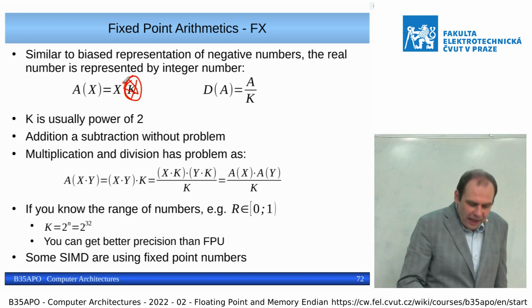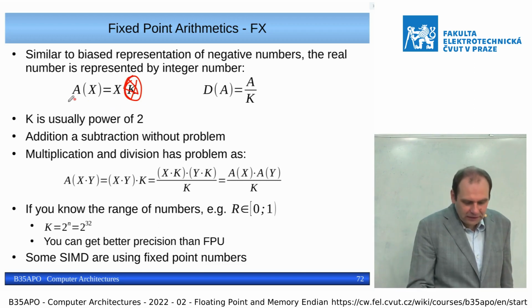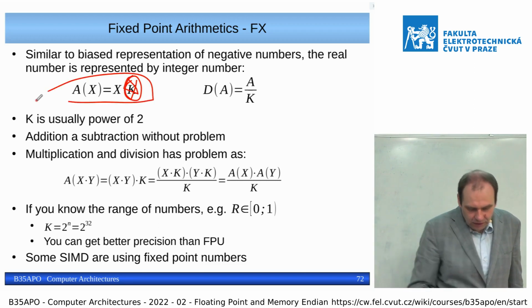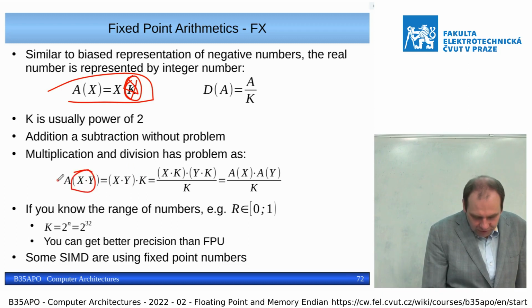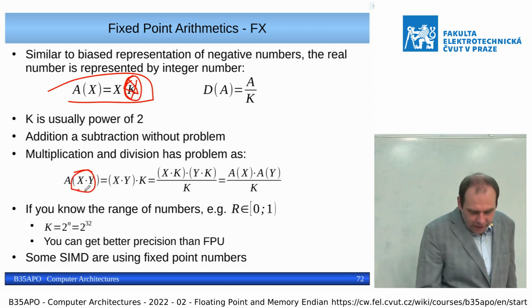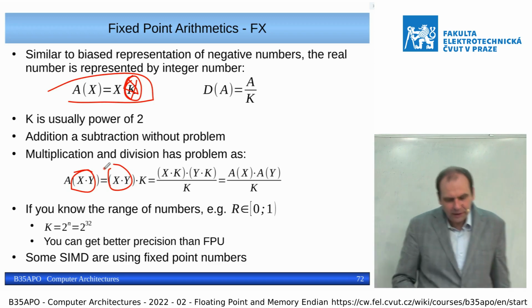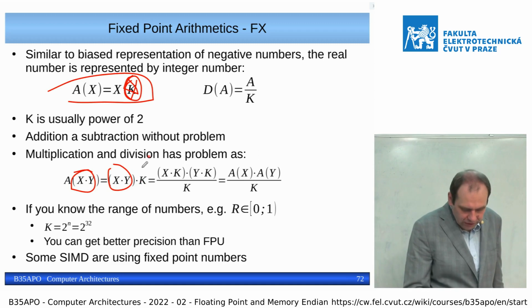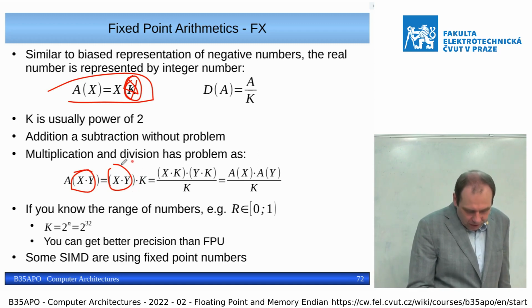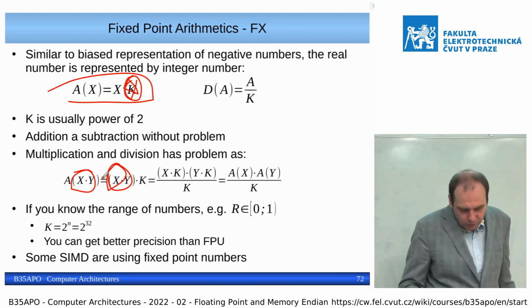And the problem is that if we try to multiply two such representations, so we want to have a result of x multiplied by y, but we do not want a special multiplier, we will use a multiplier which works with unsigned values.